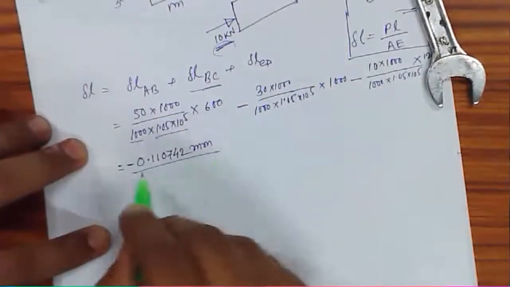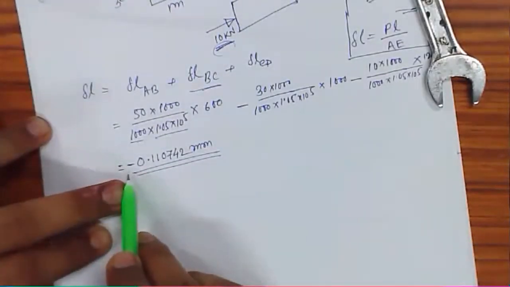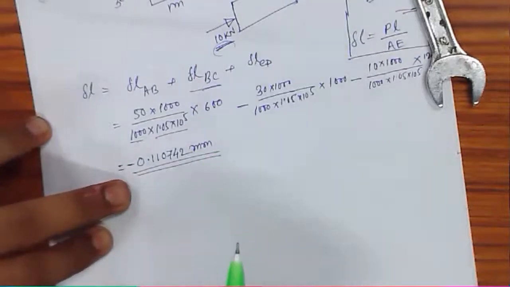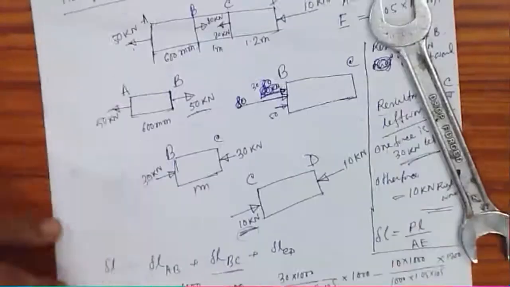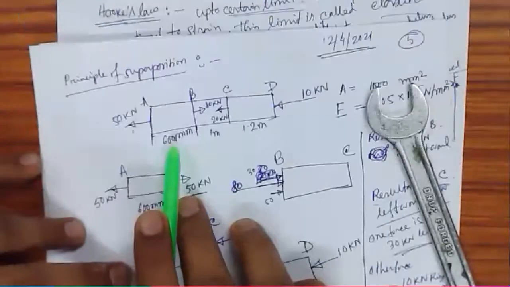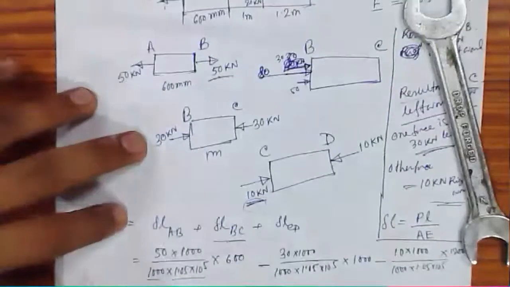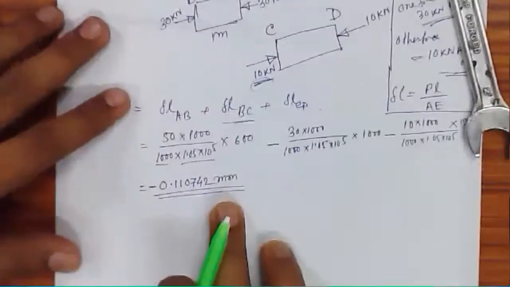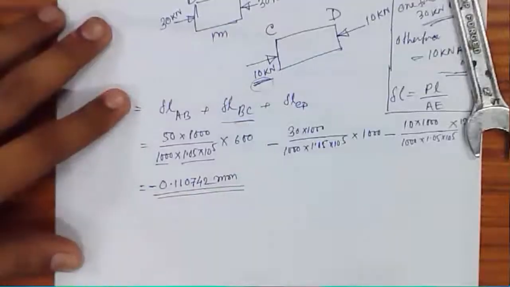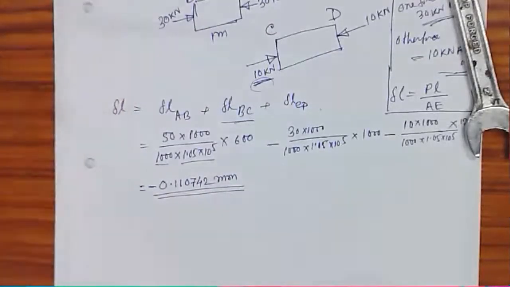You calculate by yourself. This negative sign shows that the total bar will be compressed by this much amount. That is what the minus sign says. Okay, is the problem clear to you?